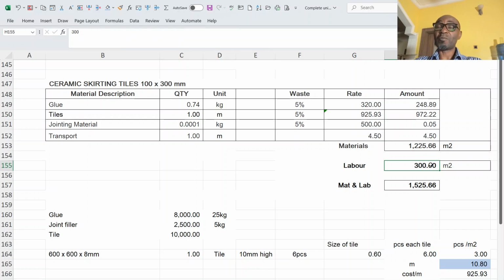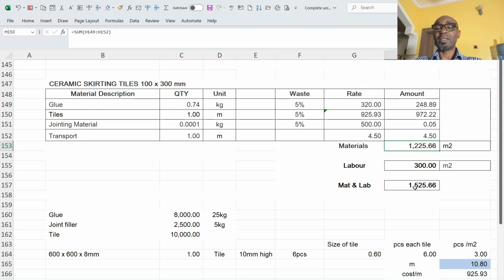The cost for laying one skirting ranges between 150 to 300, depending on your bargaining power. Let's say 200, because it's been long. I had the price for linear meter as 150. So let's assume now it could be between 200 to 300.